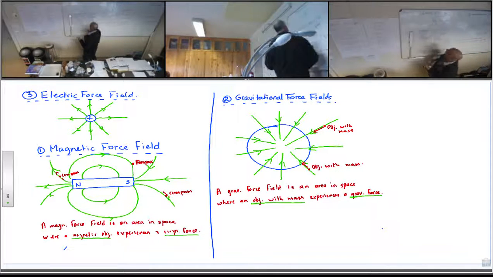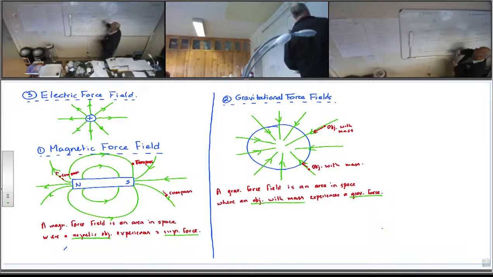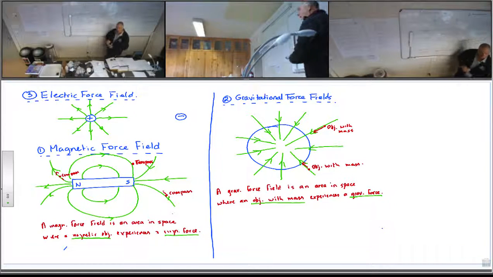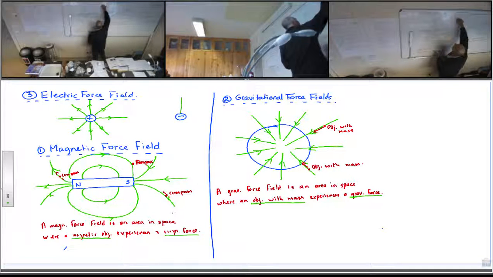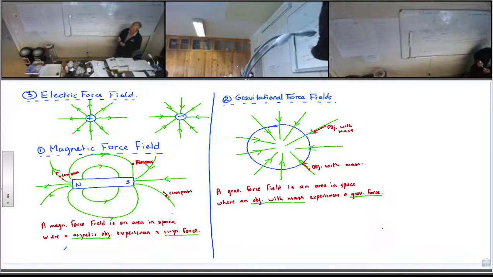And if that was a negative particle, what would it look like? They would look exactly the same, but they would flow inwards. Okay, all happy with that.